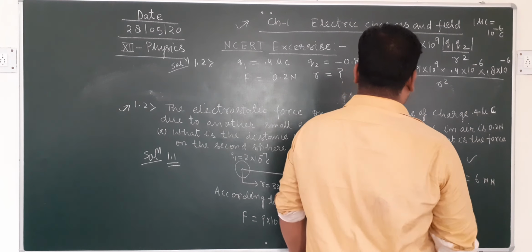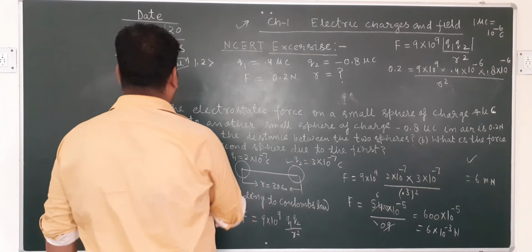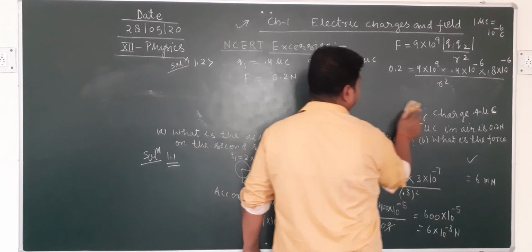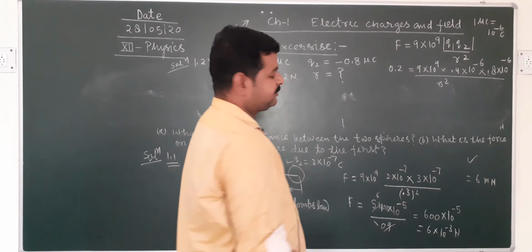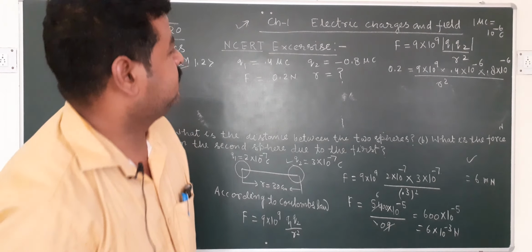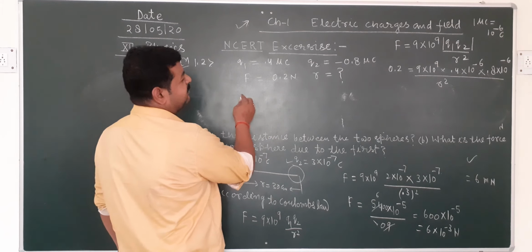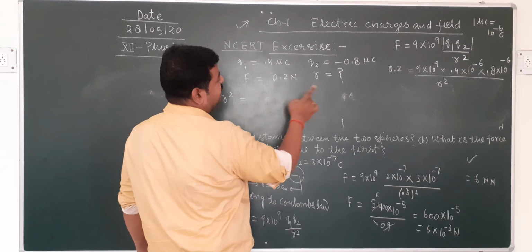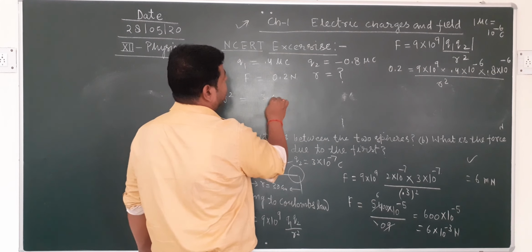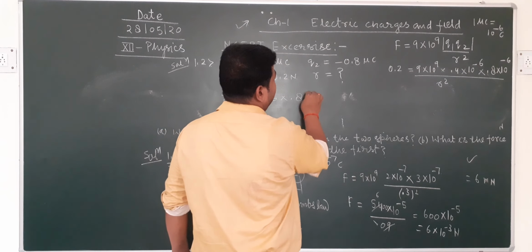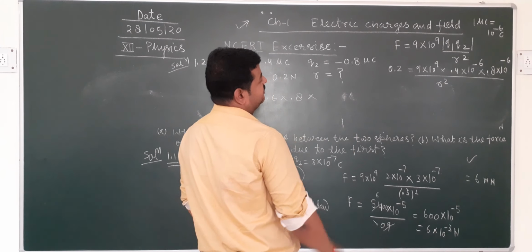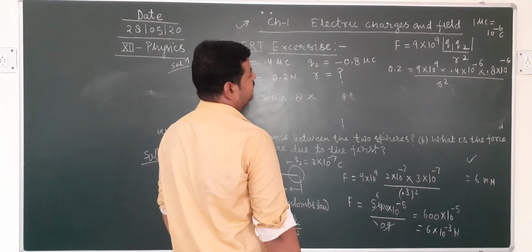Clear? So by simplification of this problem we get R square is equal to 9 into 3.6 multiplied by 0.8, and calculate the powers of the 10: minus 6 minus 12 plus 9 minus 3.